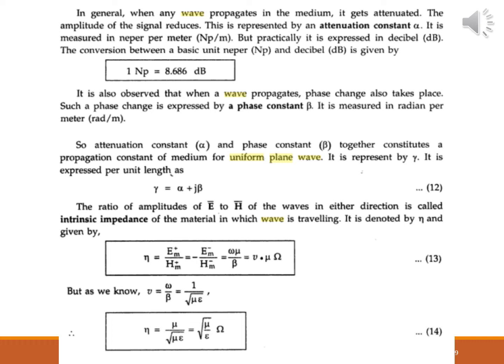And both Ex and Hx are the sum of a positive propagation and a negative propagation, in the positive and the negative directions.